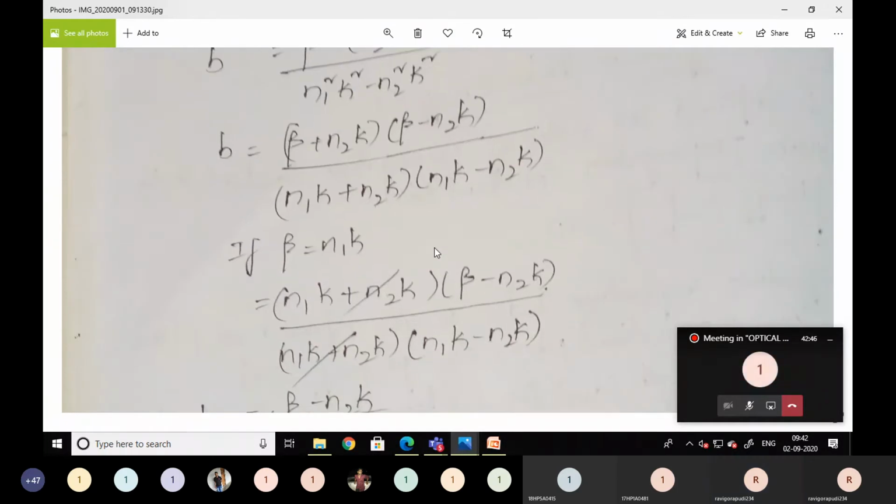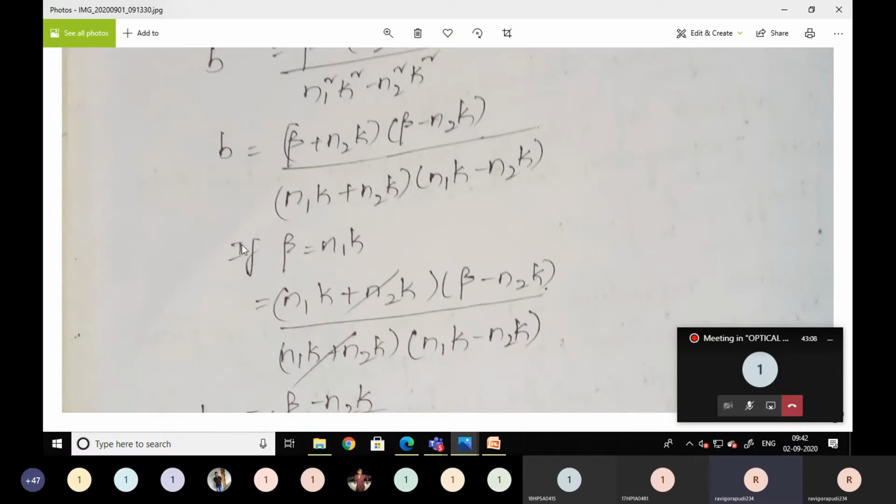For example, if beta is equal to n1 into k. For example, beta value is n1 into k. Why? Because beta ranges from n1k to n2k.